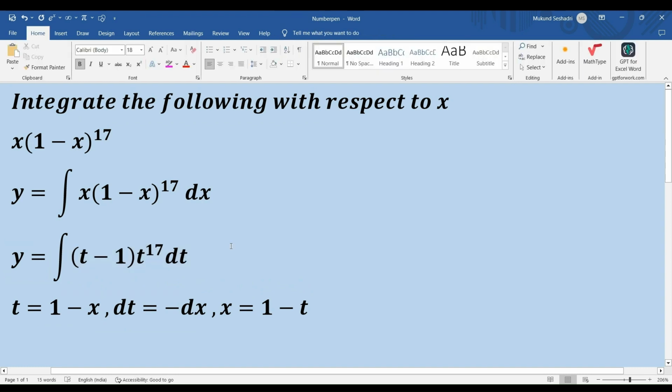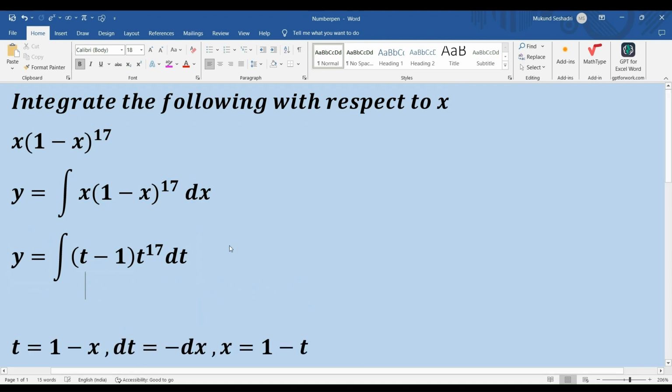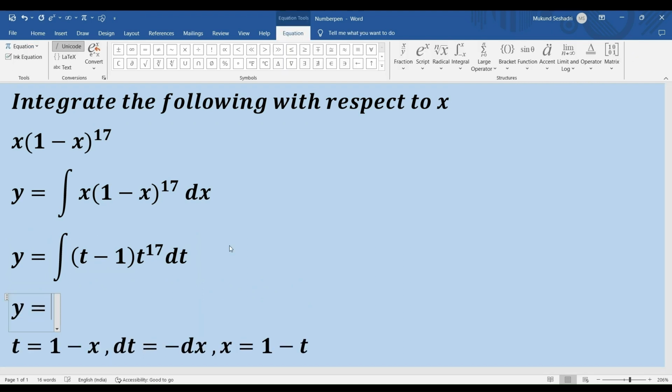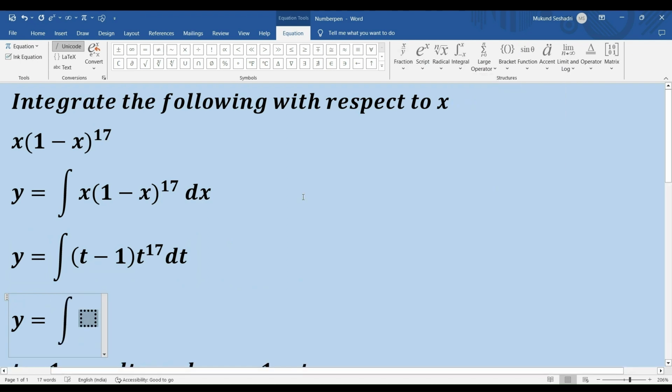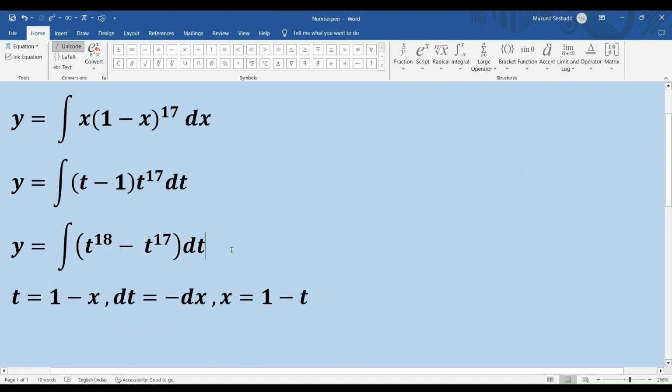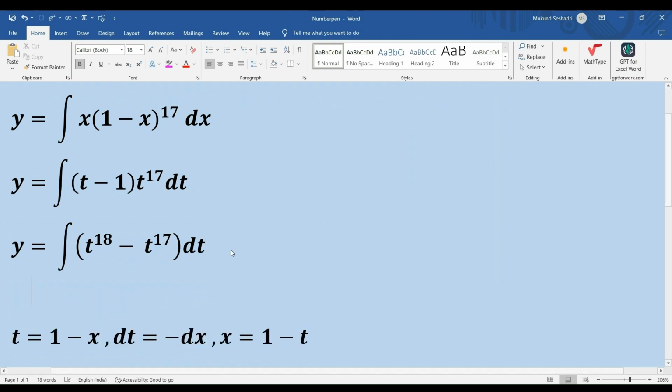So I have the integral of (t minus 1) times t to the power 17 into dt, right? It means I have this as t to the power 18 dt, minus t to the power 17 dt. Okay, that's my y.